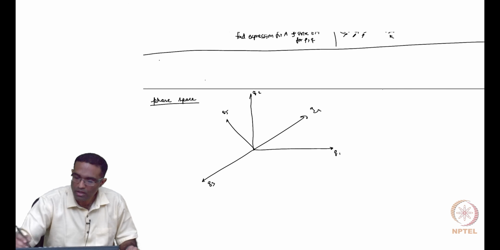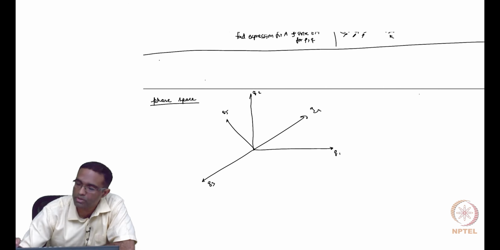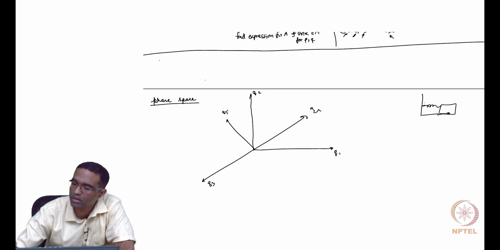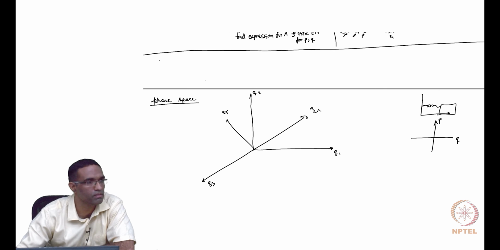If you want to simplify things to a one-dimensional system, then there is only one position and one momentum. So you have a Q, you have a P. This is easy to imagine.